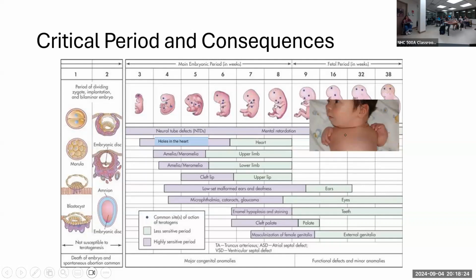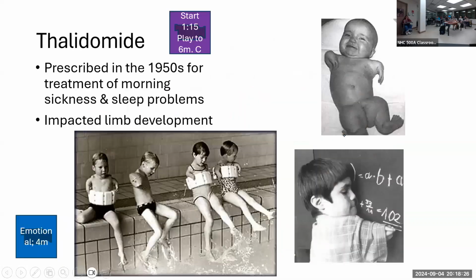This image here is coming up right now, I think. And it's thalidomide, and I had a video I wanted to show you, but I can't. So thalidomide was a medication that was prescribed in the 1950s for women for morning sickness and sleep problems. So a morning sickness is nausea and or vomiting that a woman feels early in pregnancy as her hormones begin to change. And this was given to many women as a treatment for that. So women trusted their doctors.